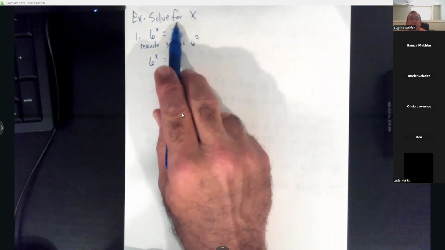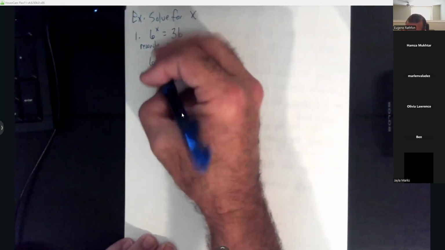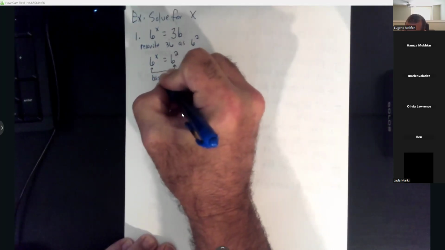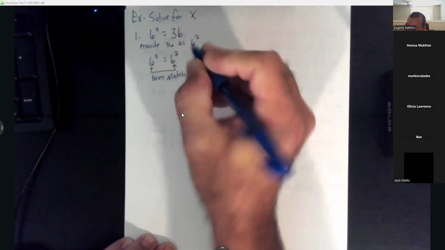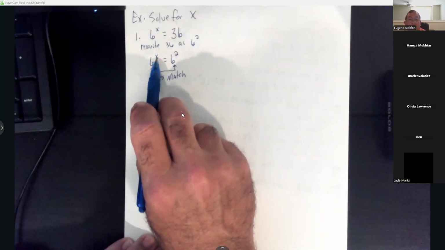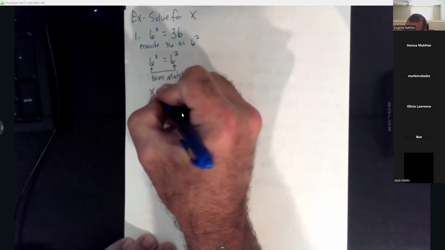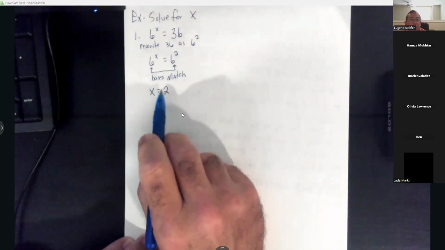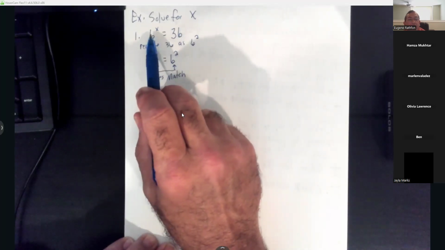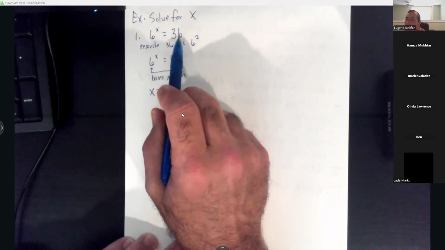That's a trick, trying to rewrite your number as this base, okay? So my bases match now. So using the base exponent property, that means that the x has to equal 2, because those are my exponents. And on this one, there's nothing else to do. So x is 2. If you put a 2 in for the x, 6 squared, 6 times 6, actually equals 36.